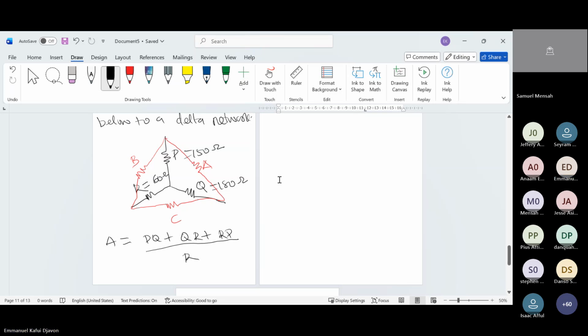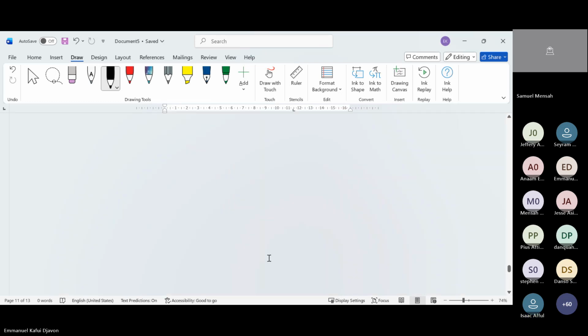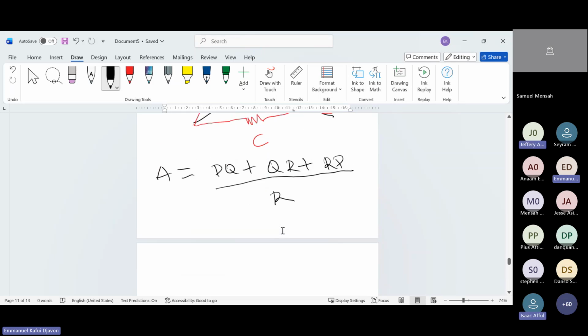So right now, let's put in the values. We need A. A will be equal to P, which is 150 ohms, times Q, which is 180.